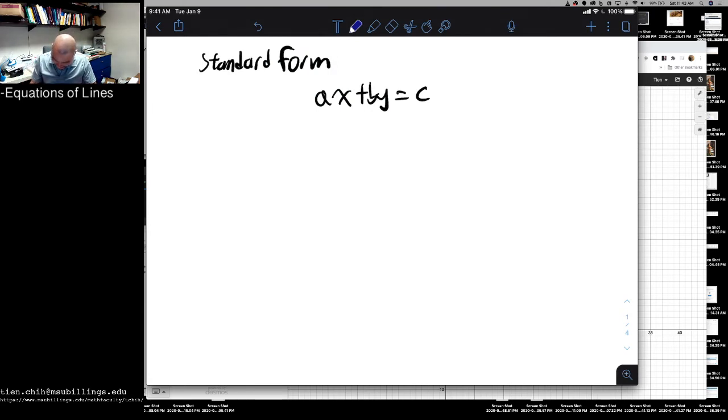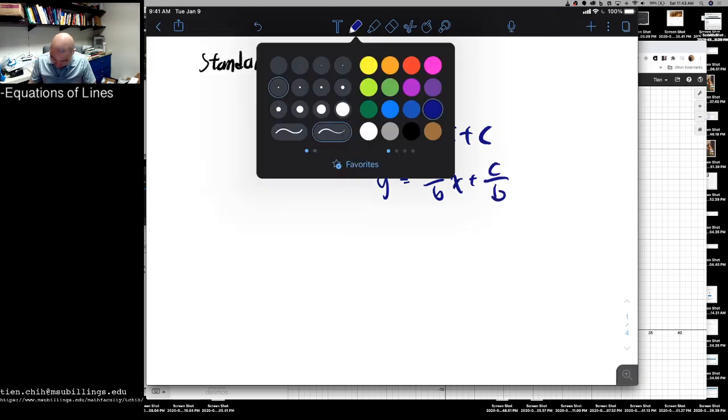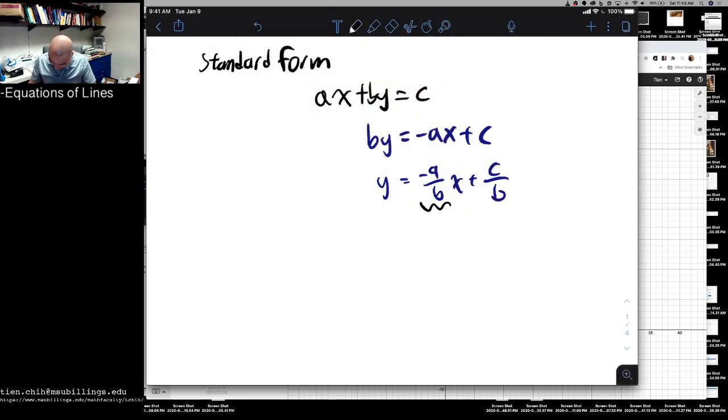So what we can see is that if I go ahead and just do some algebra, what we've achieved is something that looks a lot like the slope-intercept form.